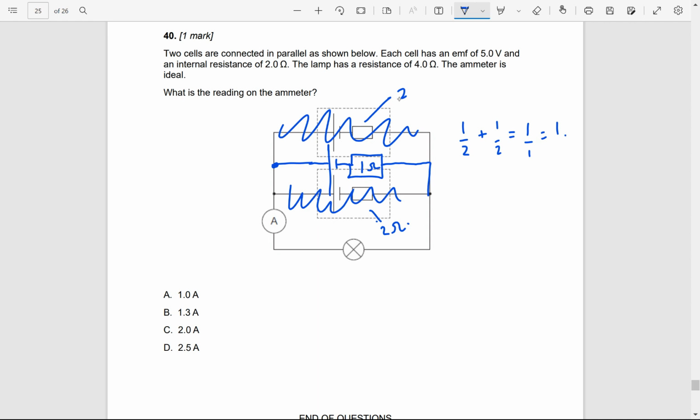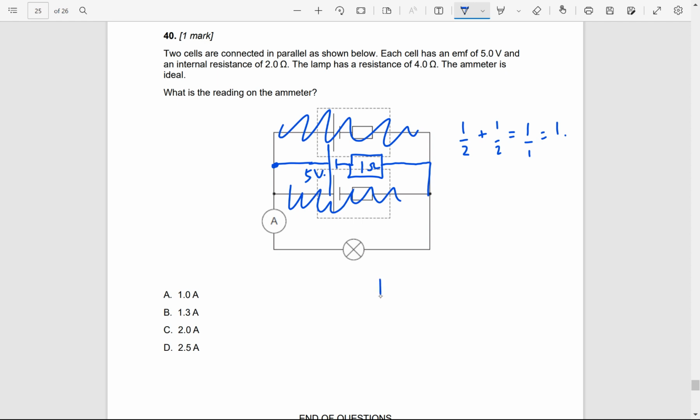So the overall resistance of this one is 1. And if the cells are in parallel, then in fact you only get the EMF of one of those cells. So we have 5 volts.